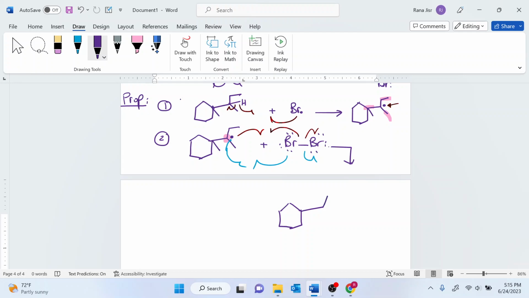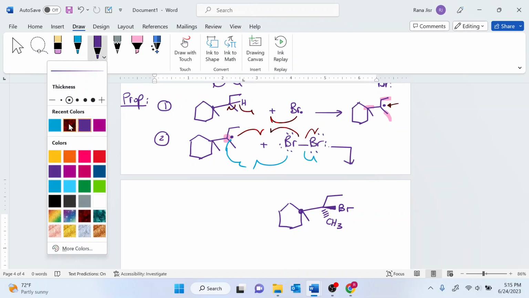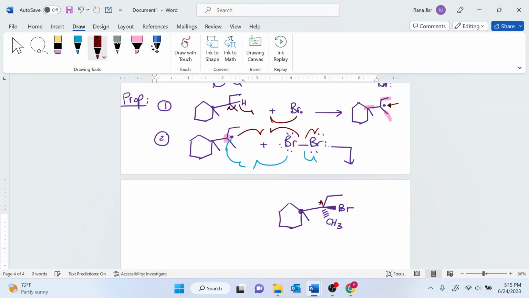I'm going to keep the long carbon chain in plane. If the bromine attacks from the top, then the CH3 is going to be at the back. I'm just going to leave the CH3 over here because this one is not a chiral center, okay? But this is a chiral center in there.